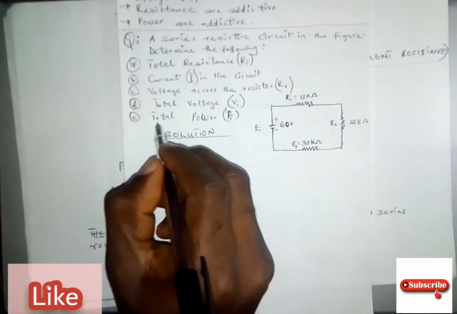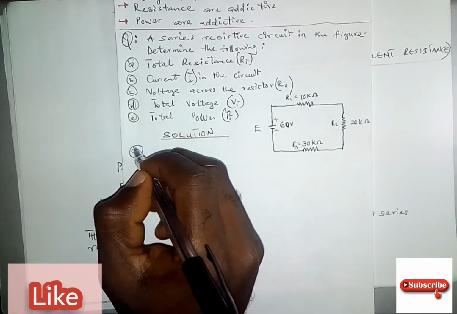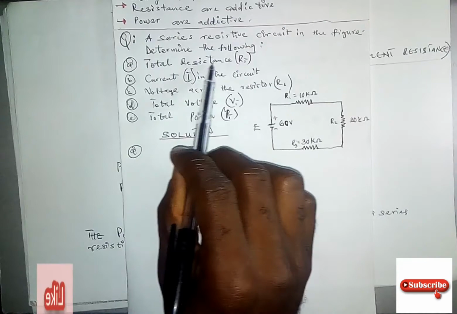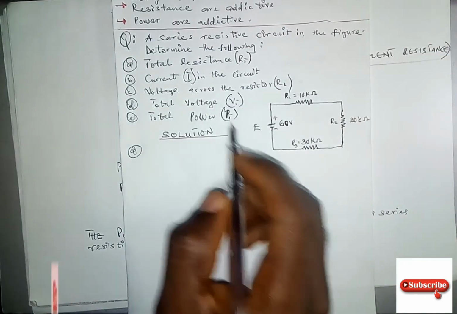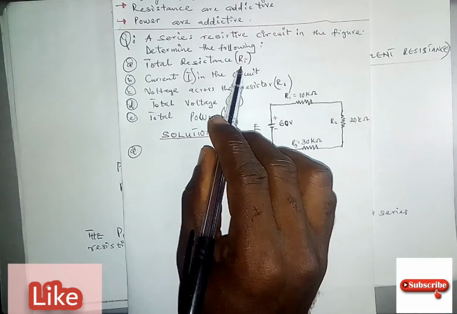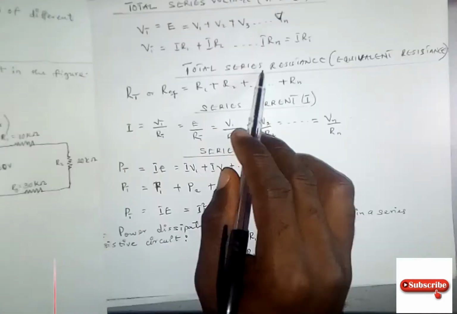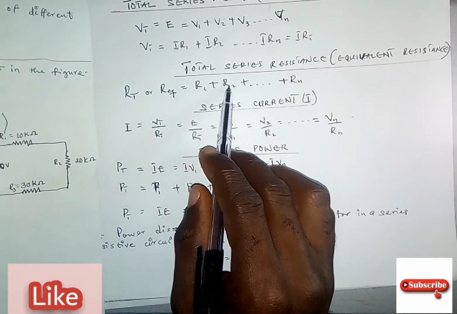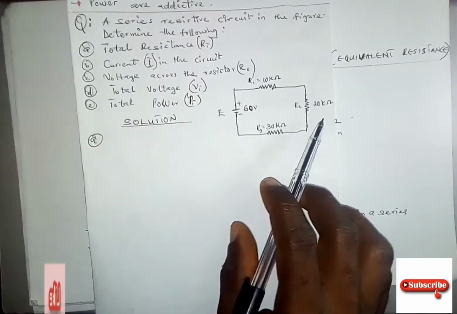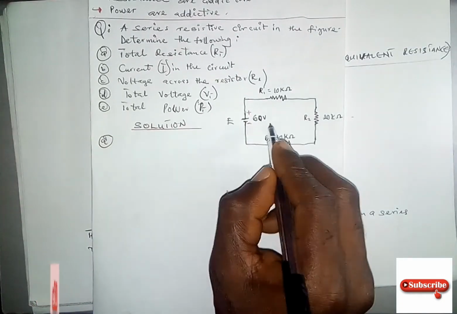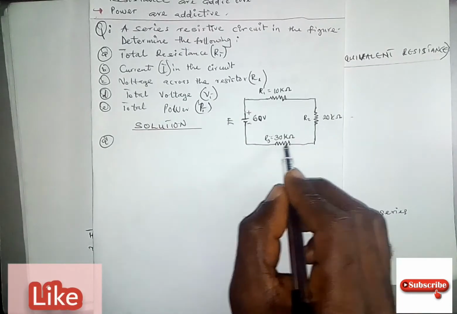Number one, our question says we should find the total resistance RT. We can also regard this as the equivalent resistance. When we are talking about the total resistance in a series circuit, REQ is going to be R1 plus R2 up to whatsoever number of resistors you have in this circuit. How many resistors do we have here? We have just three resistors.